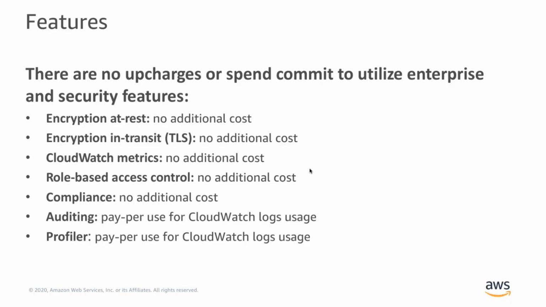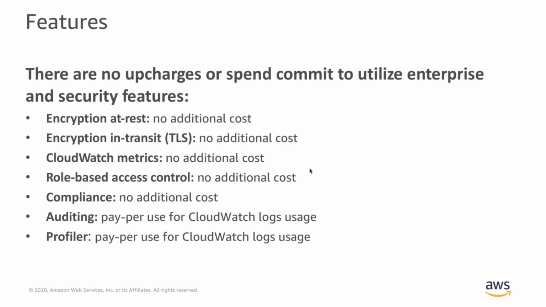You can use encryption at rest and in transit, have role-based access control, and be eligible for HIPAA compliance on a single-instance T3 medium that you're only paying 8 cents an hour for. There's no minimum thresholds or barriers to use CloudWatch metrics or any of these other additional features. Those are available to all instance types at all times.